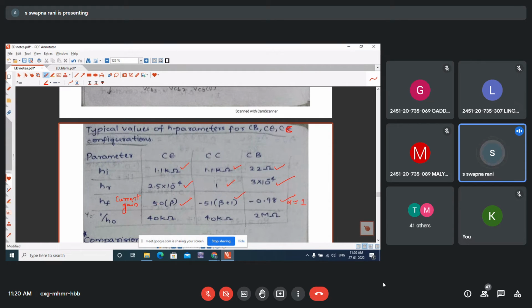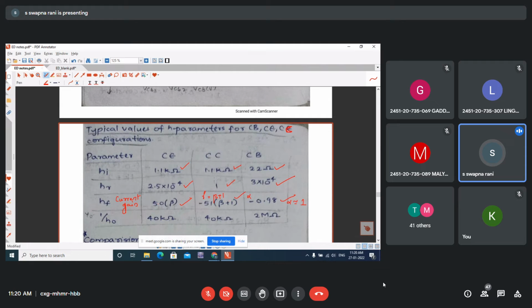So we know that the current gain of common emitter is beta. Current gain of common collector is gamma, which is equal to beta plus 1. And current gain of common base is alpha, which is approximately 1. So HFB for common base is 0.98, this is 50, minus 51.